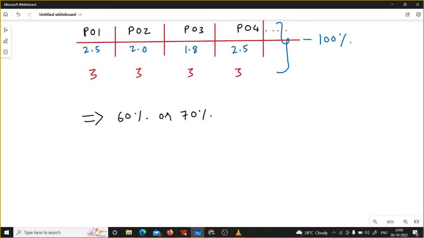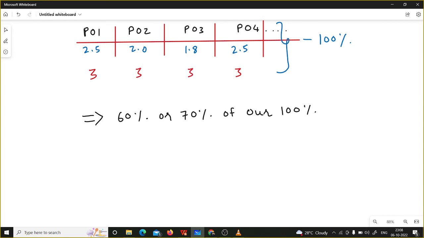Most of the people make a mistake. They take this value as our target. They take 2.5 as the PO1 target, and for PO2 they take 2 as the target. We cannot take these as our target because this is what is 100%. So initially, at the first stage, when we are about to apply for NBA, we can assume 60% or 70% of our 100%.